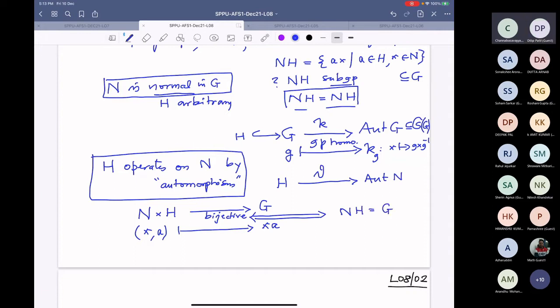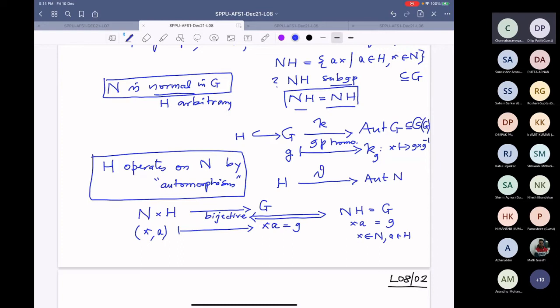Because if NH is the whole G, any element of G will be a product. So any g will be of the form x times a for x in N and a in H. And therefore given a g, it will come from this. So that means the map is surjective.